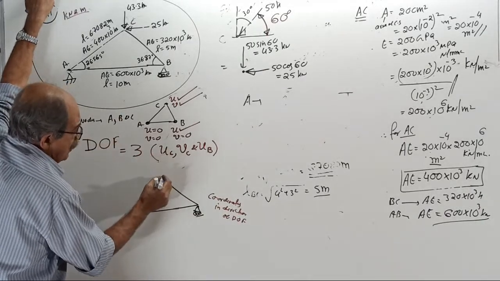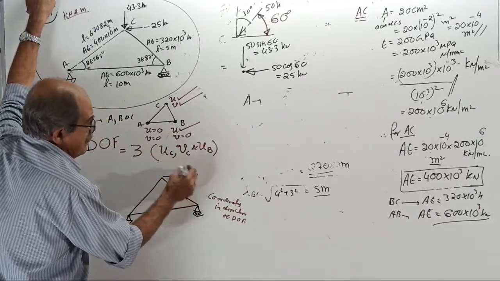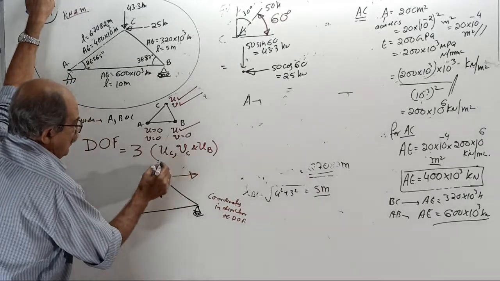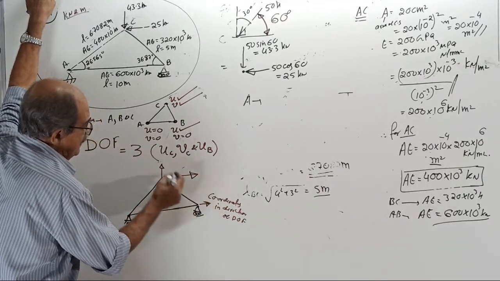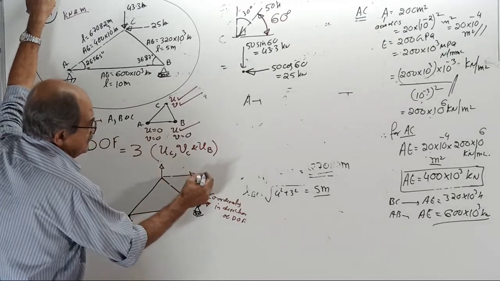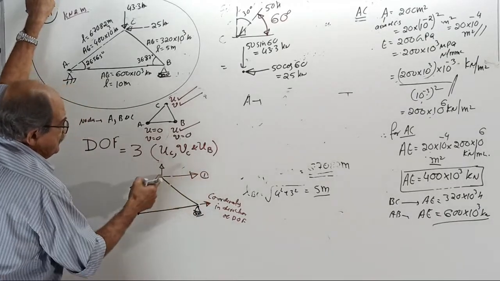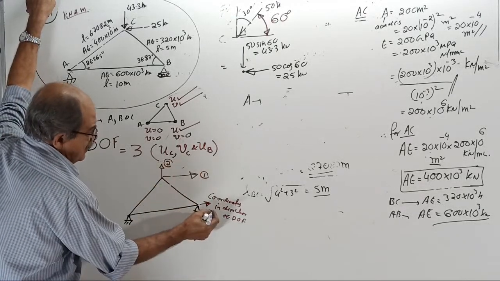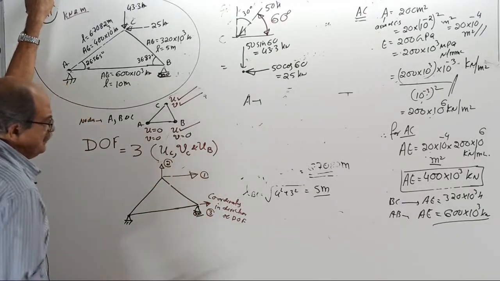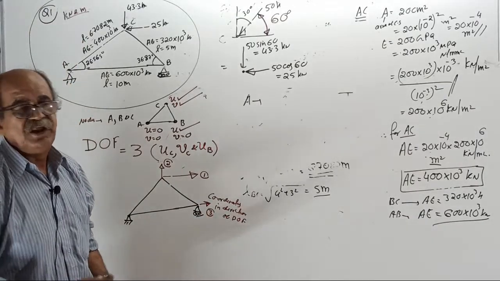U is always to the right side, and V is always upward. U at C is coordinate number 1. Vertical at C is coordinate number 2. Then horizontal at B is coordinate number 3. These are the coordinates in direction of degree of freedom.